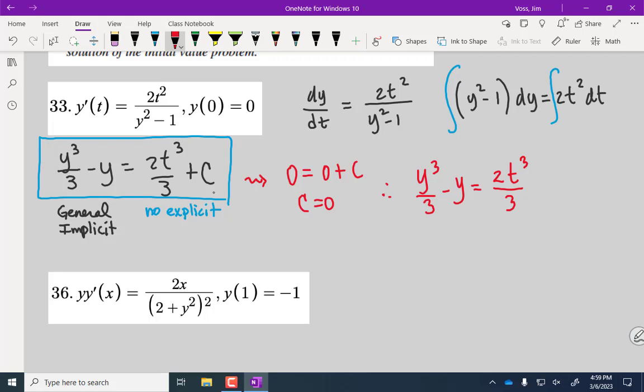If you wanted to, you could multiply by 3 just to get rid of the denominator. That you can certainly do. And you could do that over here also, multiply by 3, but you're not going to be able to isolate y.